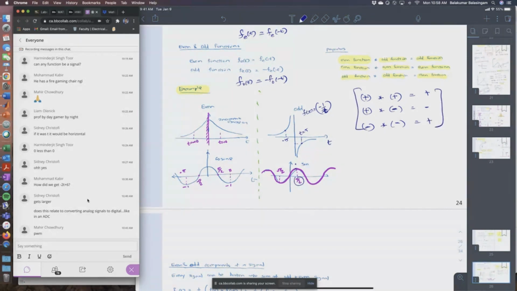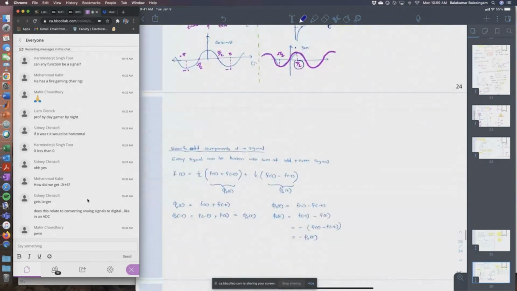It is not a direct relationship, but you have the same kind of pattern. Even times odd is odd, so odd is like negative. Even times even is even, and odd times odd is also even. There are examples in the homework. You should try them.